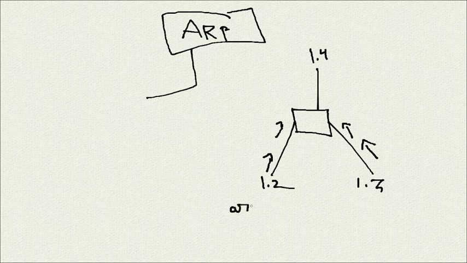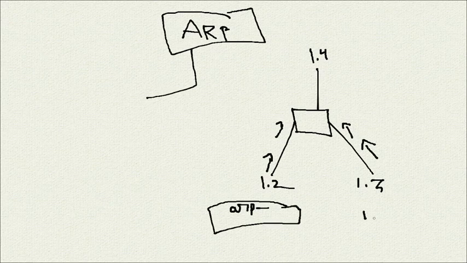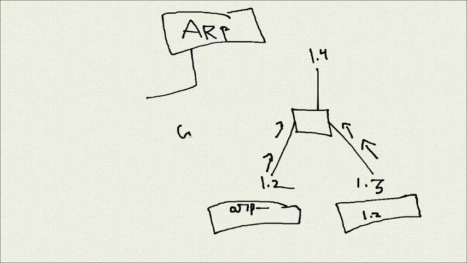The ARP entry means the MAC ID. The MAC ID is saved on 1.2, and then 1.3 also has the 1.2 MAC address. So if it changes from 1.3 to 1.2, that is GARP, gratuitous ARP will happen.